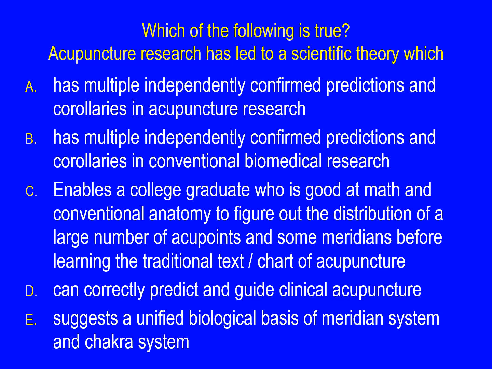Choice E: it suggests a unified biological basis of meridian system and chakra system. So if a model or theory can achieve A, B, C, D, and E, that would be really considered the ideal or holy grail of acupuncture research.